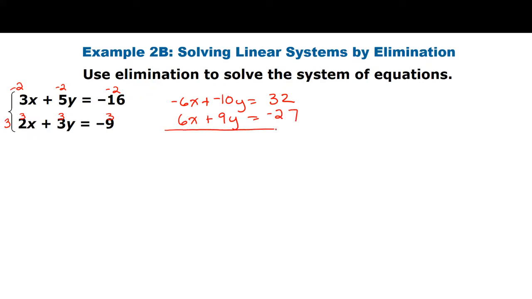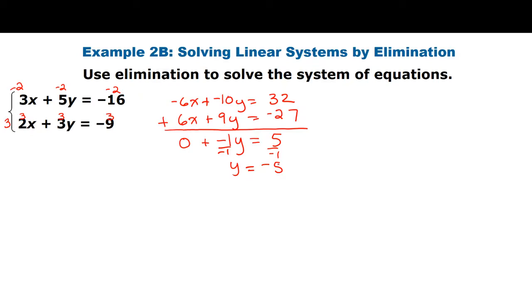Now, when I add my two equations together, you can see I have a negative 6 and a positive 6, and those add together to equal 0. Plus, negative 10 plus 9 is a negative 1y, equals 32 take away 27, 5. So if I divide both sides by negative 1, y equals negative 5.